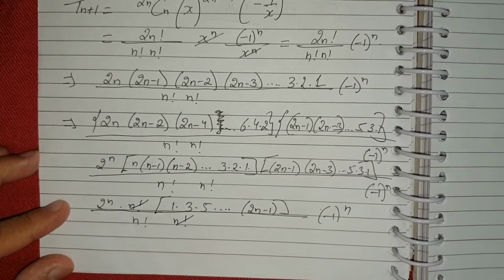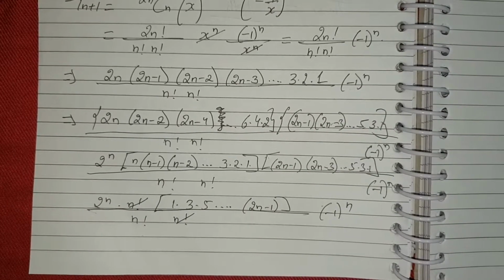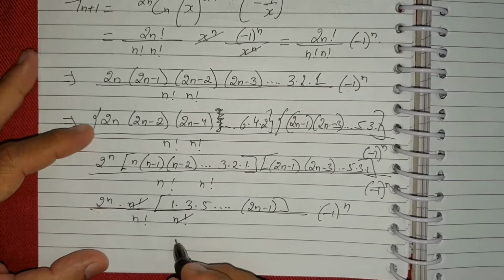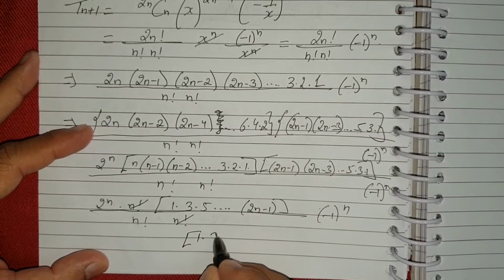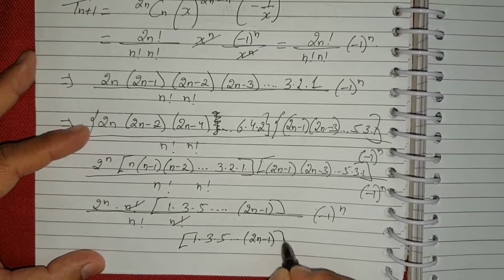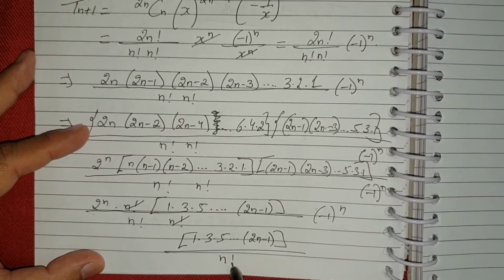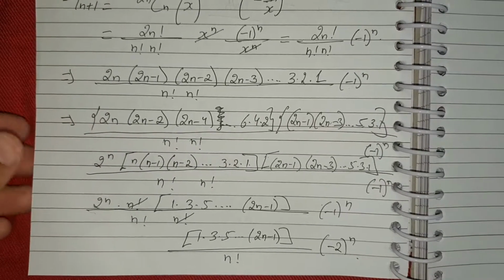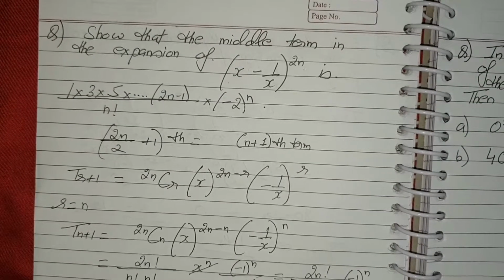N factorial gets cancelled. These two are same, we can combine them. So, this will be 1, 3, 5 and so on up to 2n minus 1 by n factorial, and this is minus 2 to the power n. Hence, that is what we have to prove.